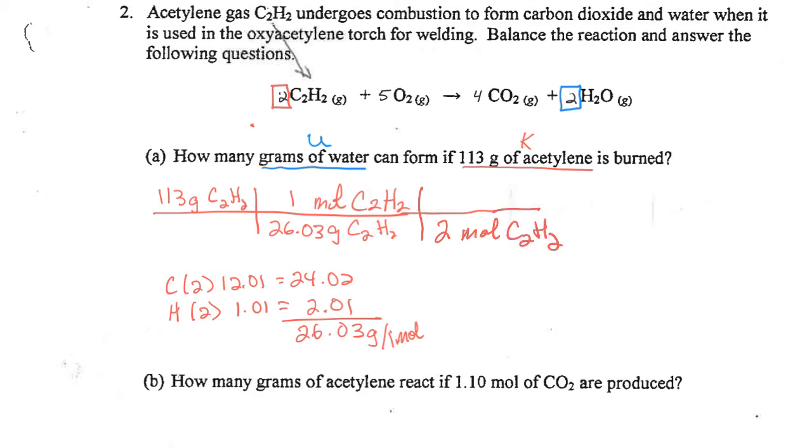My unknown is 2 moles of H2O. And now I'm ready for my last conversion factor. I want grams of water, so I need to do one more conversion factor. I've got moles of water on the top. 1 mole of water weighs how many grams? Got to grab my periodic table.